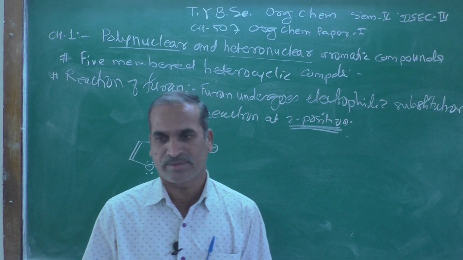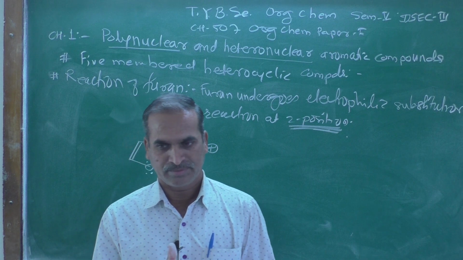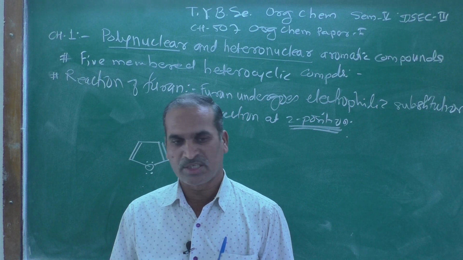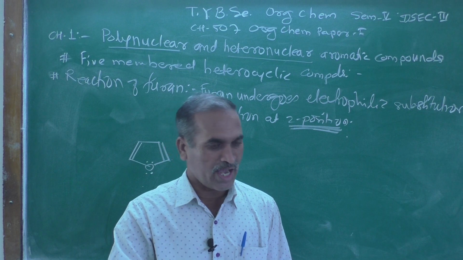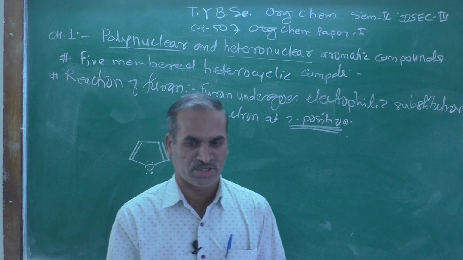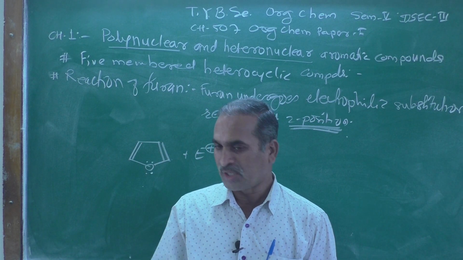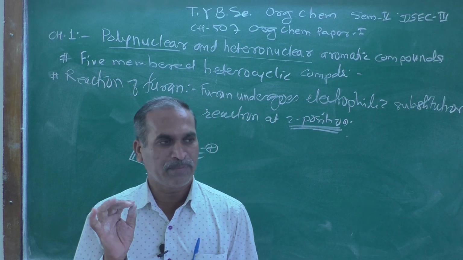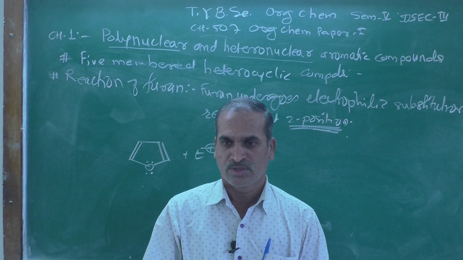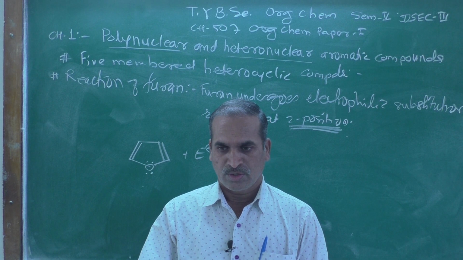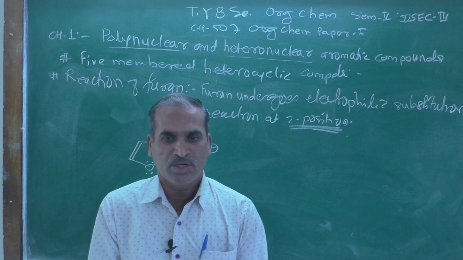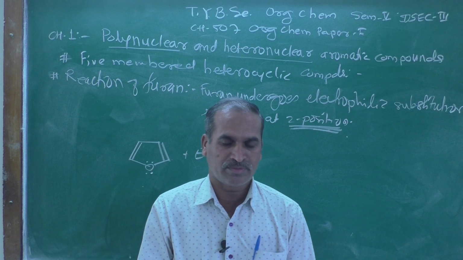As we know, the general trend for an organic reaction to occur is that if one of the species, either the reactant or the substrate, is nucleophilic in nature, your reagent must be electrophilic in nature, because for a reaction to occur there must be movement of electrons.